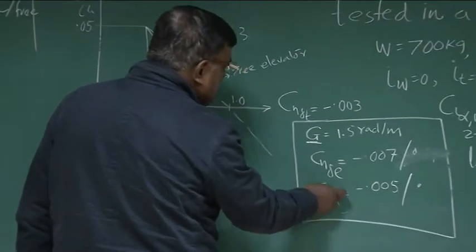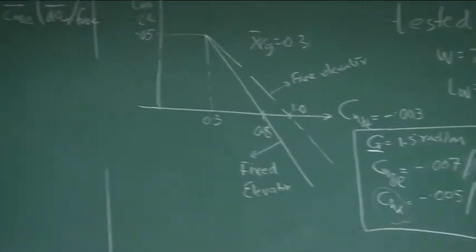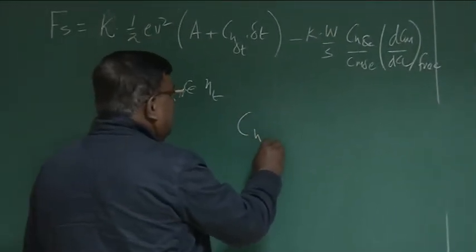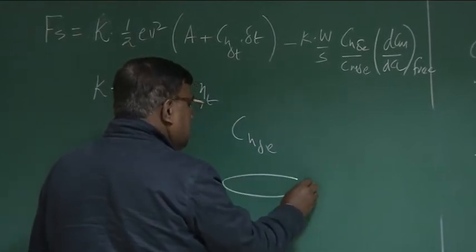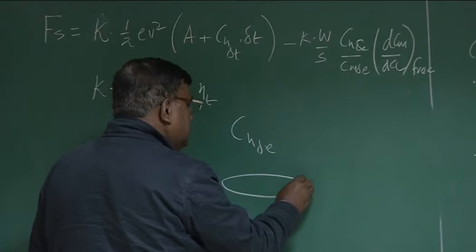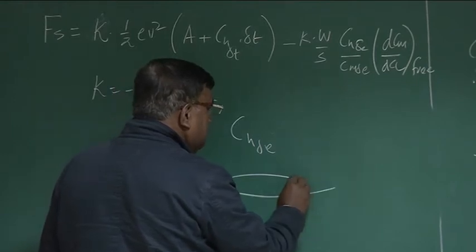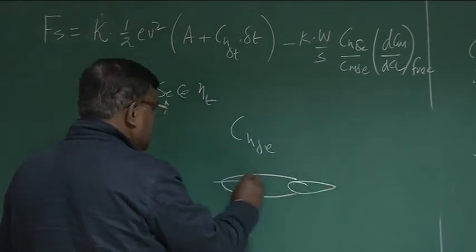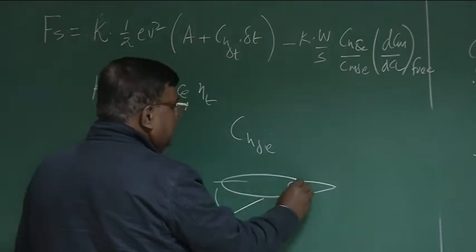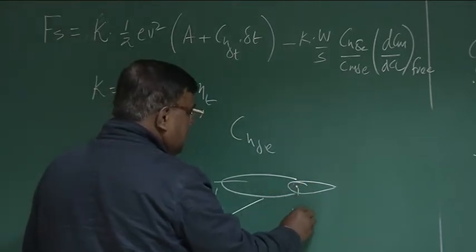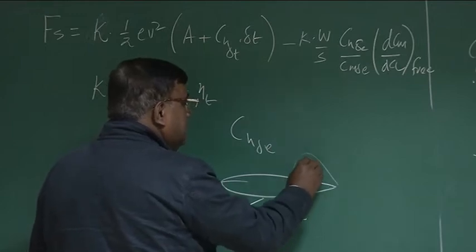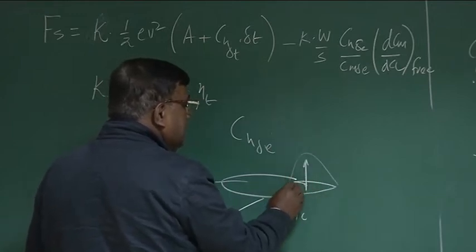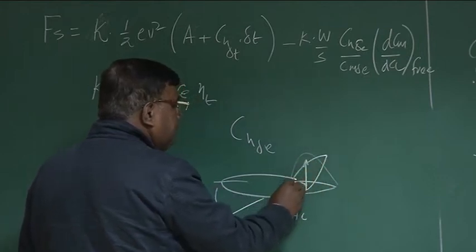What is CH delta E and CH alpha? See, CH delta E, if I recall, we are assuming that the elevator is free to rotate because of alpha T. There is alpha T, and if this is the hinge line, then there will be a pressure distribution over the elevator, and if the center of pressure is behind the hinge line, then this will try to float the elevator up.